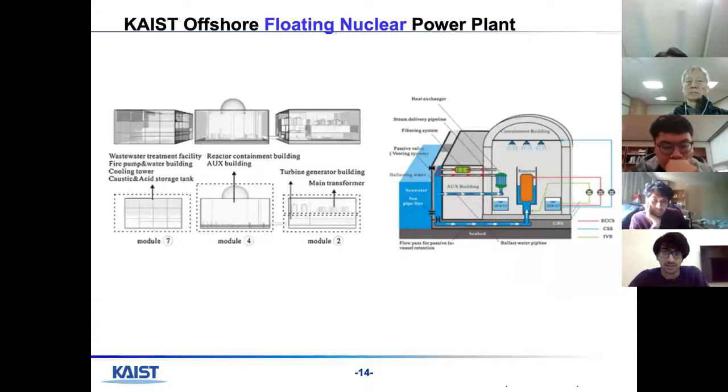And here we look at KAIST's own designed offshore floating nuclear power plant, which also has enhanced safety features. This was developed by KAIST. I have the paper in which this was published.